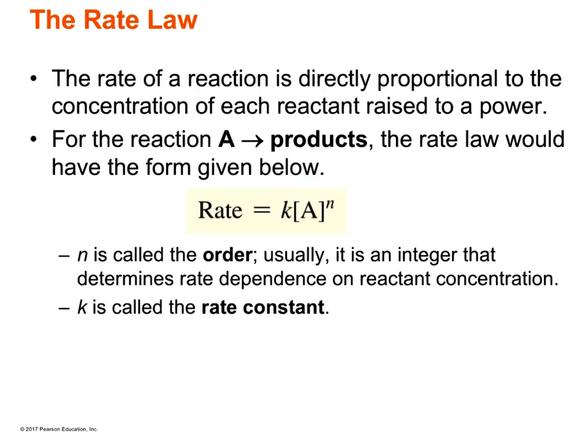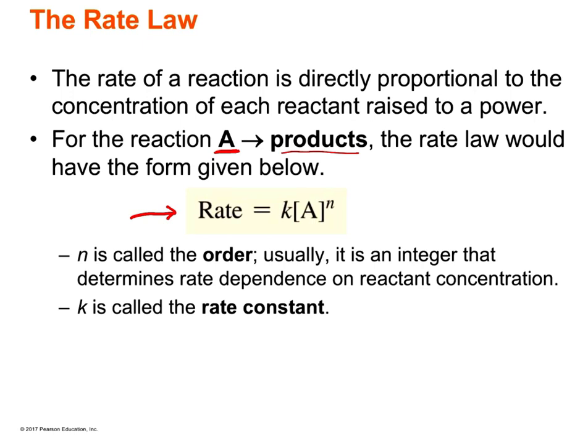So if we relate the reactant concentration to the rate, the rate law will look like this. This is for a reaction where we have one reactant and it's becoming different products. So we would write rate equals k times the concentration of the reactant A raised to a power.